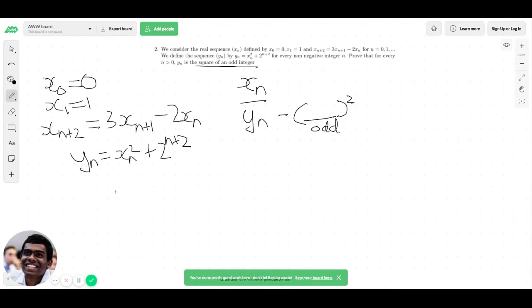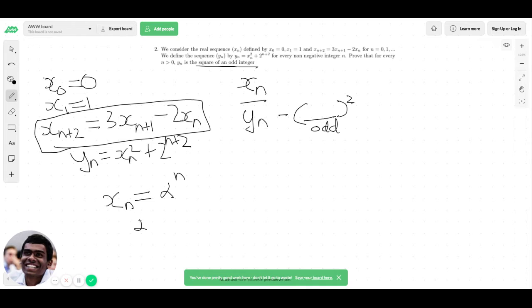So we know that here we have a linear recurrence. Whenever you have a linear recurrence, you know that the solution is always of the form x_n equals alpha to the n. So what you can do is say that alpha to the n plus 2 equals 3 alpha to the n plus 1 minus 2 alpha to the n.